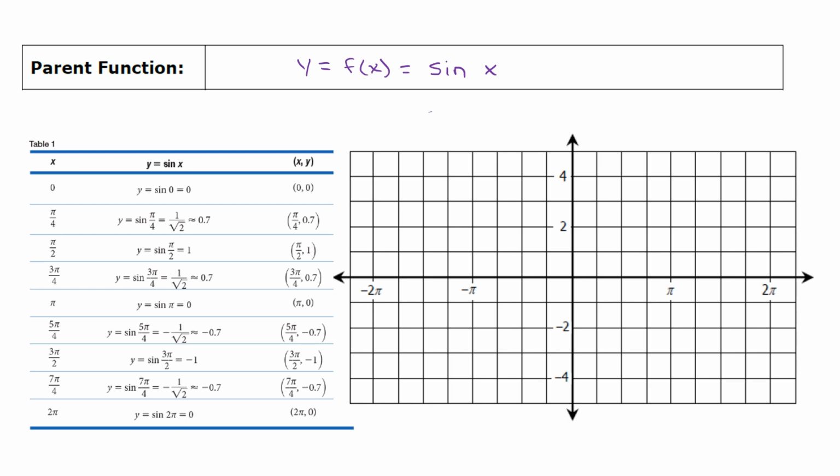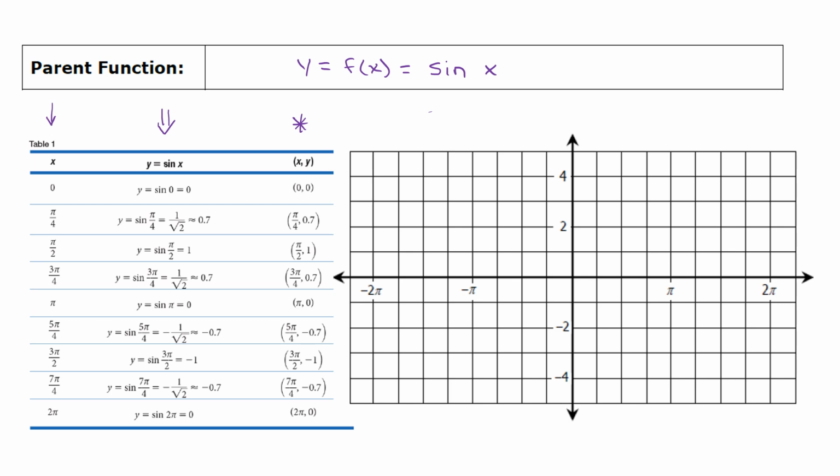Note that the first column here are our x values, so you can think of those as theta. When we substitute theta into the function, we then get our y. Once we have the y values, we then have ordered pairs. So we're going to graph each ordered pair and then connect it with a smooth curve.